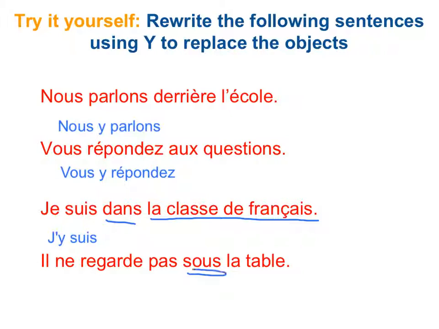Well, we've got sous, under, la table, so there's our preposition and our object, and we replace them with y. Il n'y, again we have to do the n apostrophe y, regarde pas. Il n'y regarde pas. Alright.